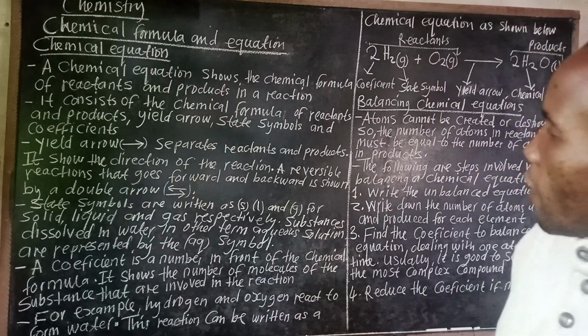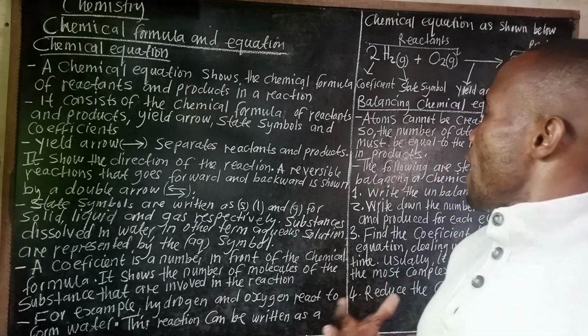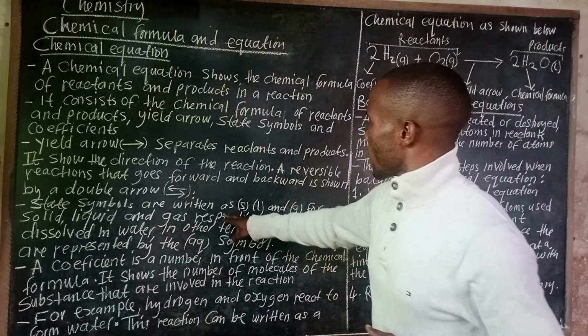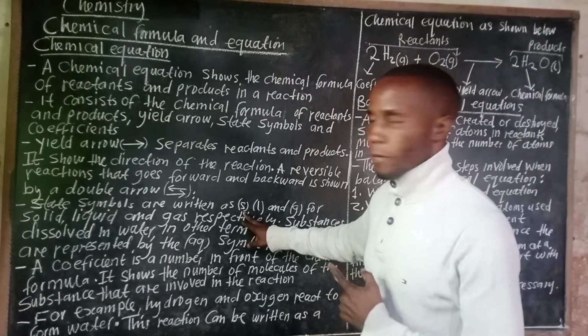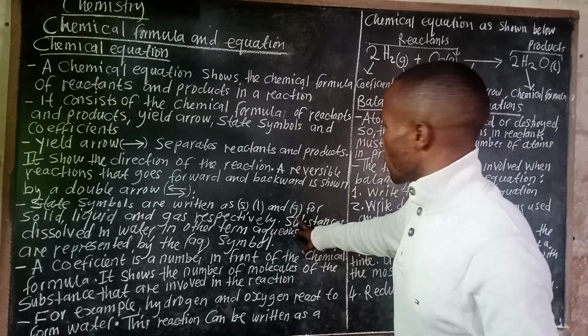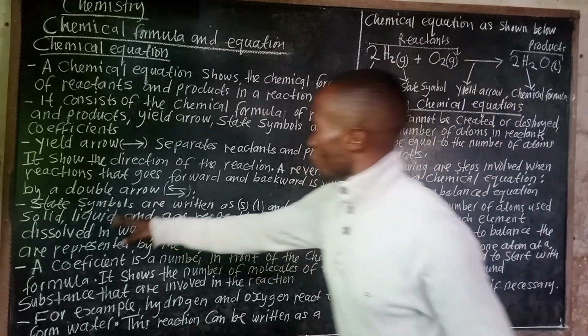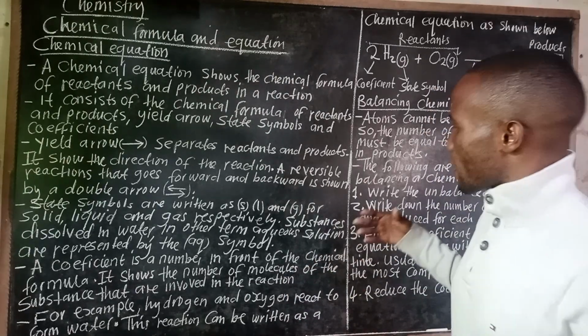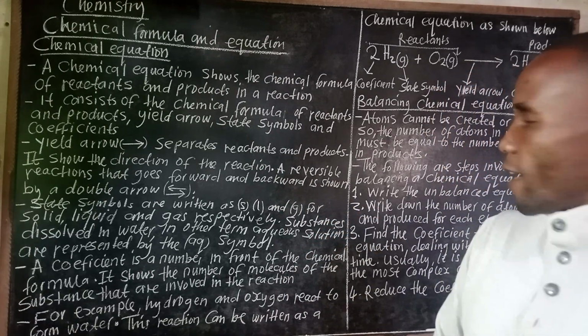Then point 4: state symbols are written as S representing solid, L representing liquid, and G representing gas. Then there are substances dissolved in water.